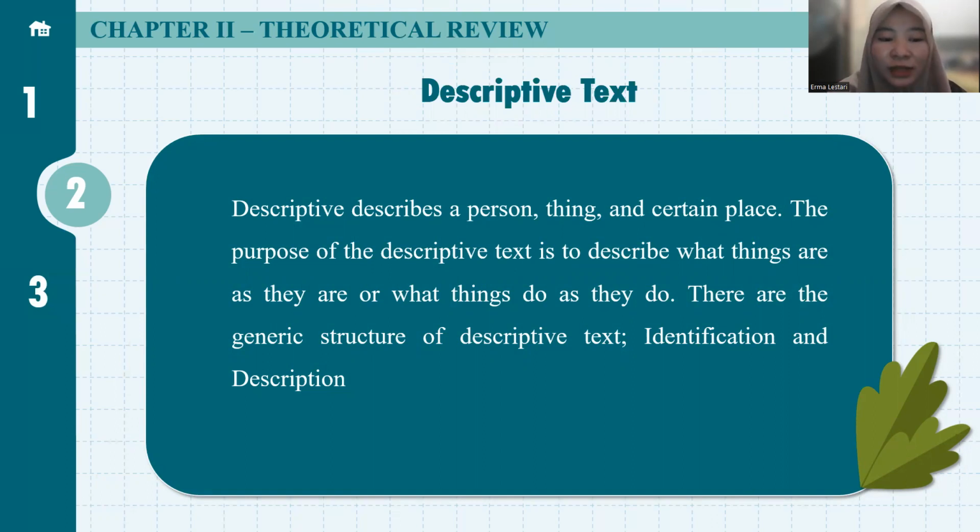Identification is a general opening statement in the first paragraph, usually identifying the phenomenon to be described. And the description is a series of paragraphs about the subject, usually describing a part, characteristics, or qualities of the thing that is to be described.